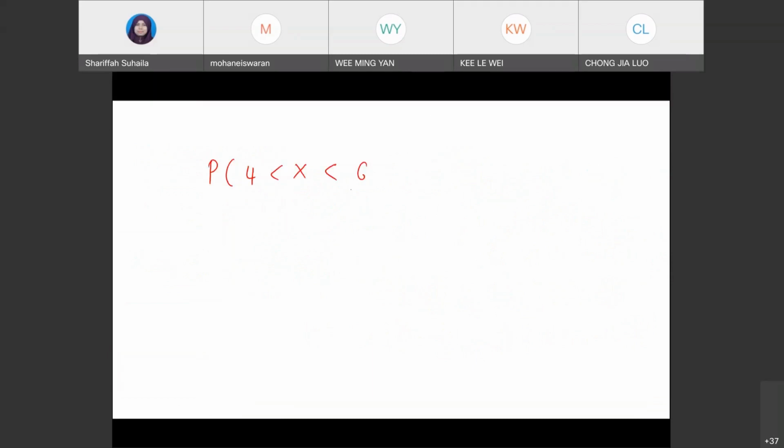Okay, so again 4 less than x less than 6 ni you have to look one by one. Okay, check one by one for continuity correction factor. So between 4 and 6 you just consider x greater than 4. Kita tengok ini dulu. Kalau x greater than 4, okay, 4 kamu kat sini, ini 4.5, this one is 3.5. So greater than 4, sini je. So you correct 4.5.